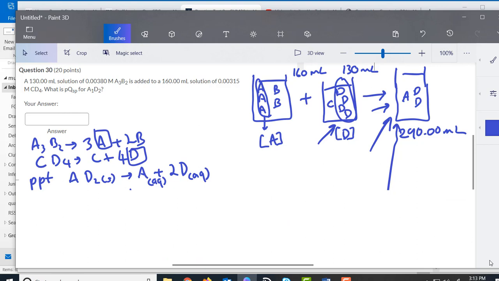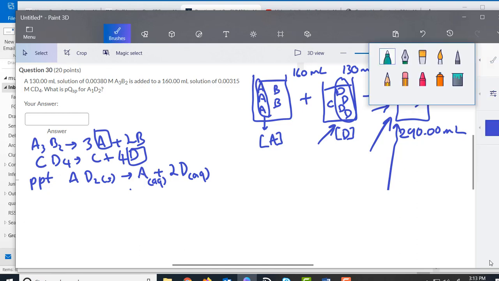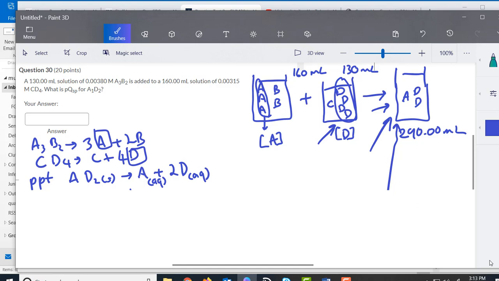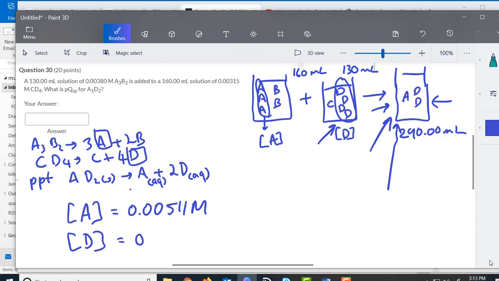The values we calculated were, for A in the diluted solution over here, 0.00511 molar, and for D, what we calculated was 0.00695.